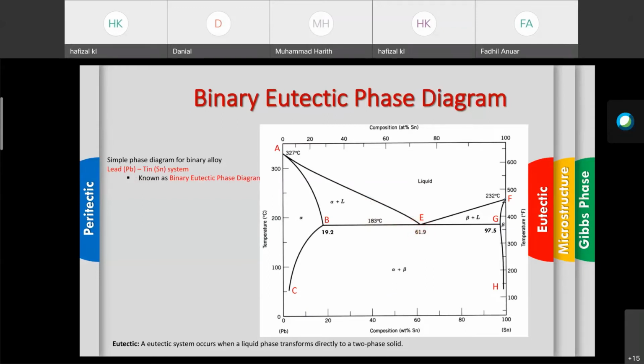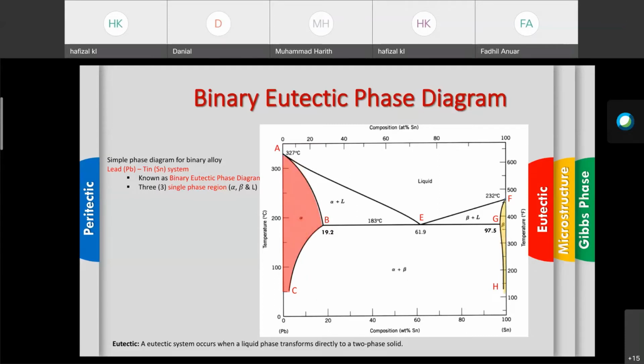The interesting part of this phase diagram is that we have three single phase regions. We have the alpha region, which is region number one, and then region number two, which is single phase beta. So we have single phase alpha, single phase beta, and single phase liquid.